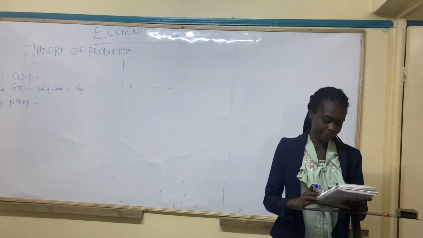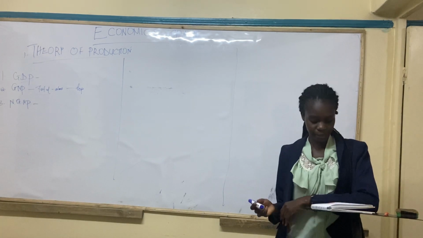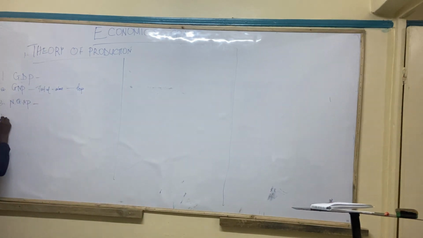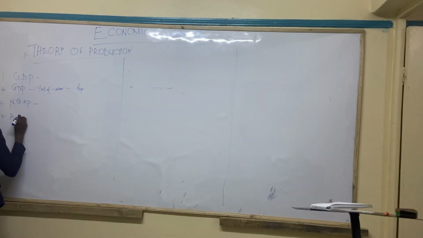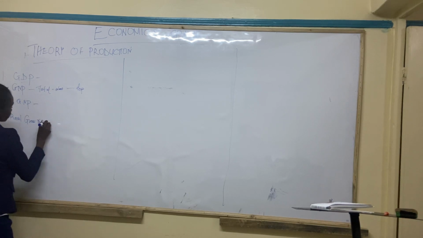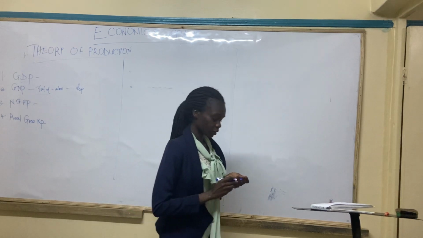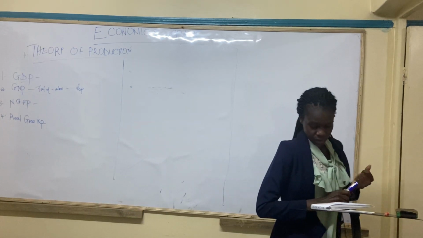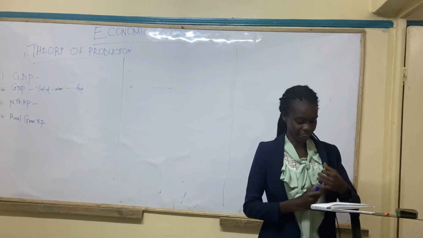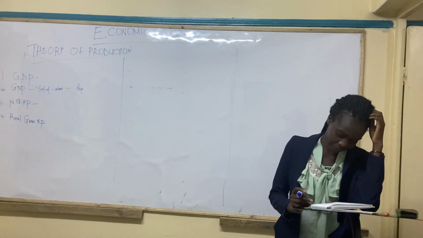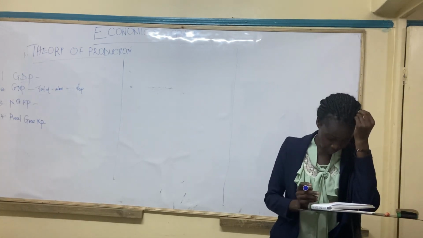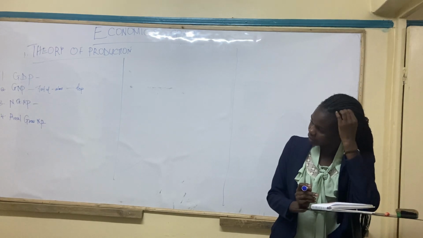And the fourth one is real gross national product. Real gross national product is national output valued at the prices of the base year for nominal gross national product.